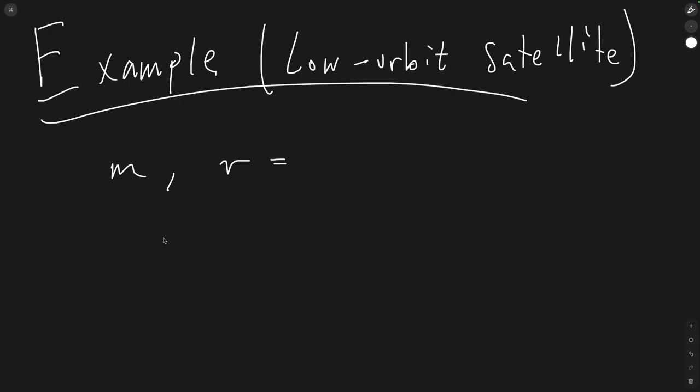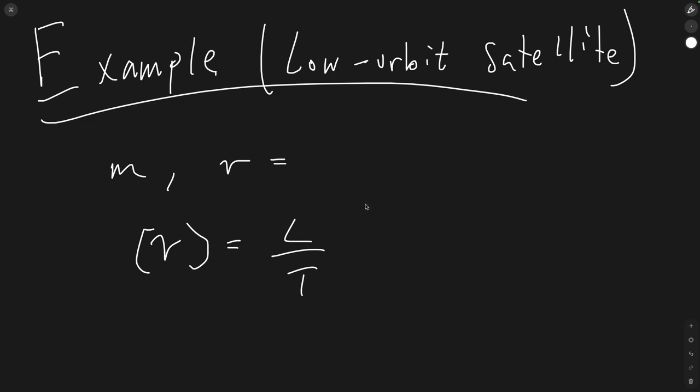So you might be thinking, how are we going to get v when v has dimensions length over time, and all we're given is mass? Well, true. That's all we're given. But we have something, we have a satellite, right? And satellites involve gravity.